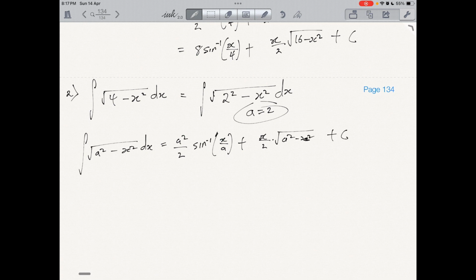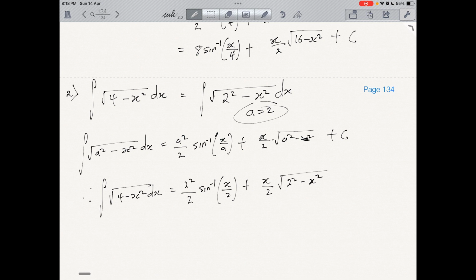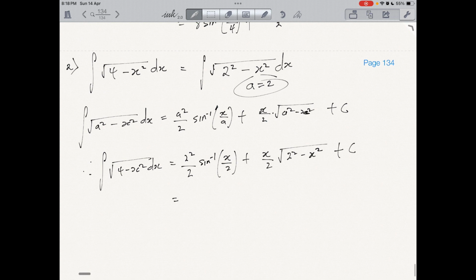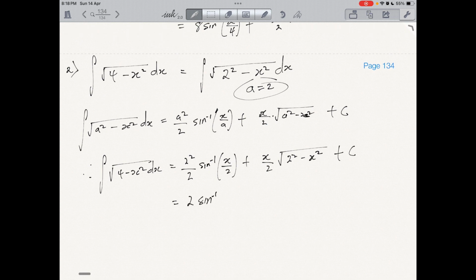Therefore, we can say that the integral of the square root of 4 minus x squared dx is equal to 2 squared over 2 arc sine x over 2 plus x over 2 times the square root of 2 squared minus x squared plus c. Now this is simplified to give 2 arc sine x over 2 plus x over 2 square root of 4 minus x squared plus c.